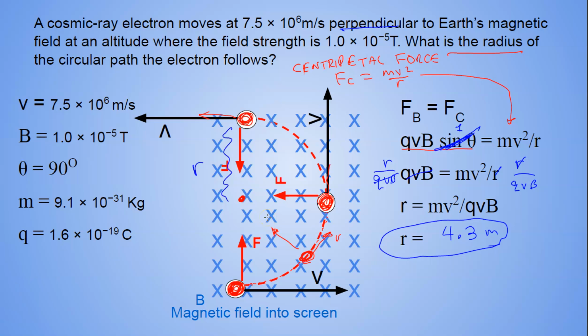Now there's one other detail here I really should have put in, and I didn't. We kind of glossed over this, but let me say a word about it. Notice that this is an electron, and with an electron you really should have a negative charge right there. So an electron is actually going to curve the opposite direction.